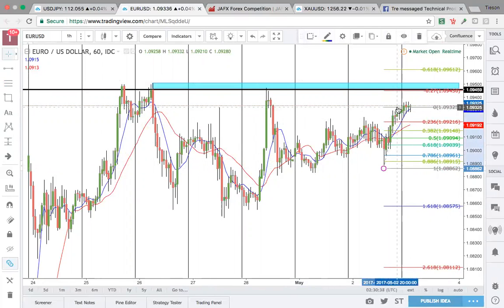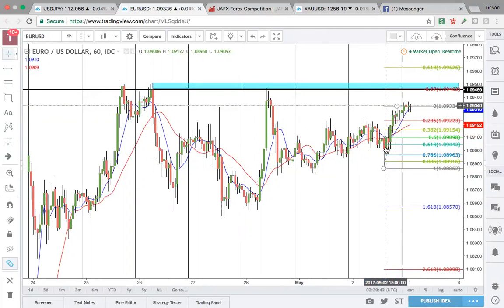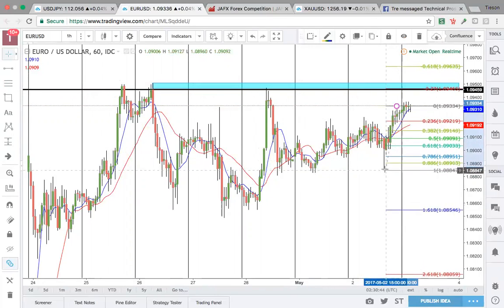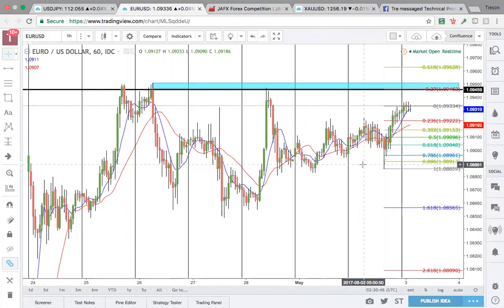And accuracy is very important when drawing your fibs. Seeing even this one. All right, perfect. So what's crazy is you see that this negative 27 area lines up perfectly with my resistance that I had drawn before I even drew my fib levels.